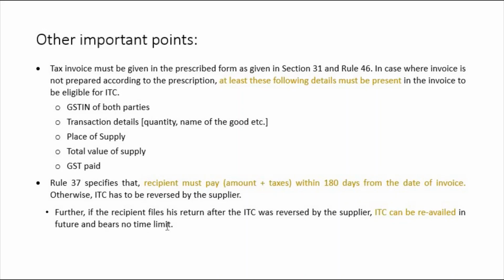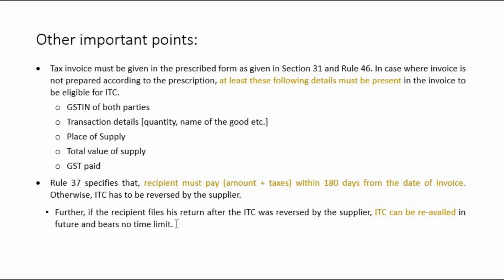Further, if the recipient files his return after the ITC was reversed by the supplier, ITC can be re-availed in the future and bears no time limit. What do you mean by this? I will tell you.